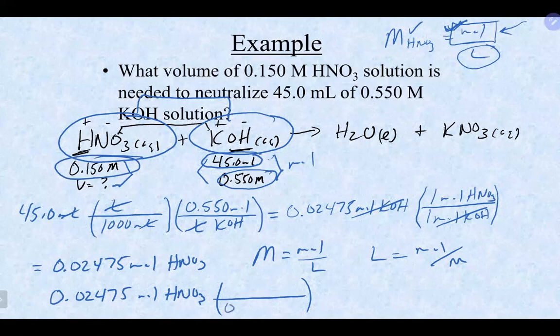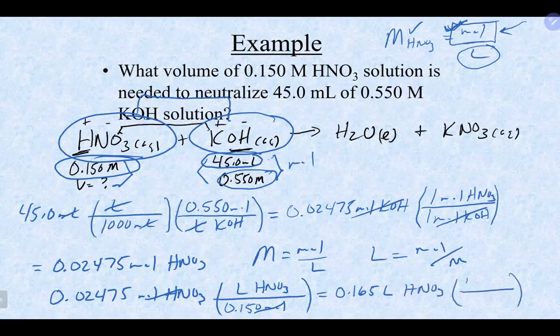And in this case, we want to divide. So we're going to put the 0.15 moles on the bottom per liter of nitric acid. The moles will cancel. Gives us 0.165 liters of nitric acid. Or if we want milliliters, we would multiply it by 1,000, and that would get us 165 milliliters of nitric acid.